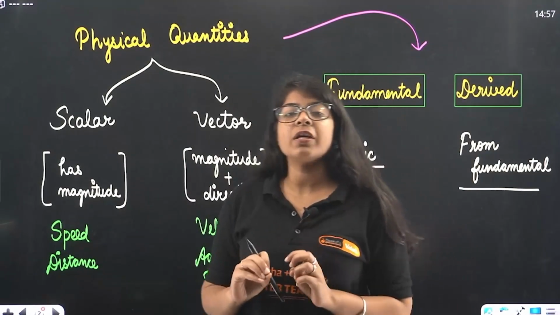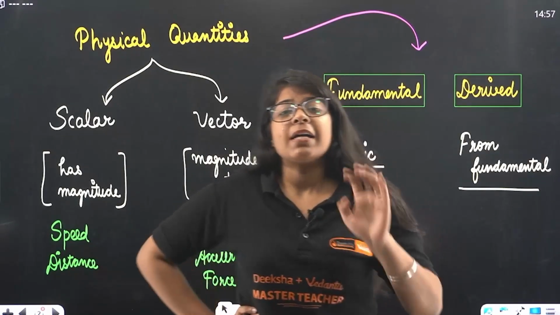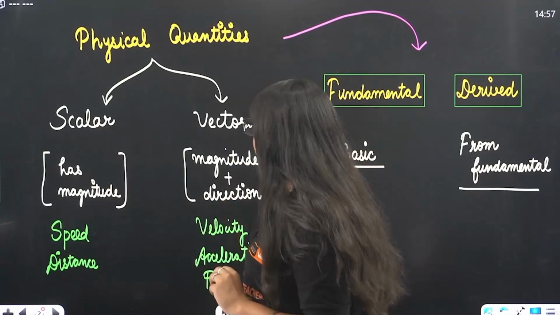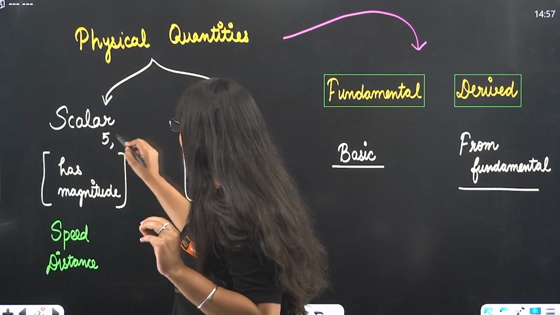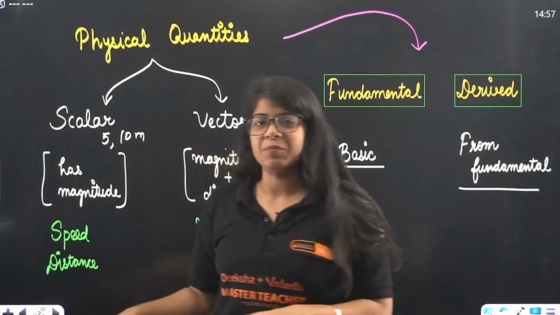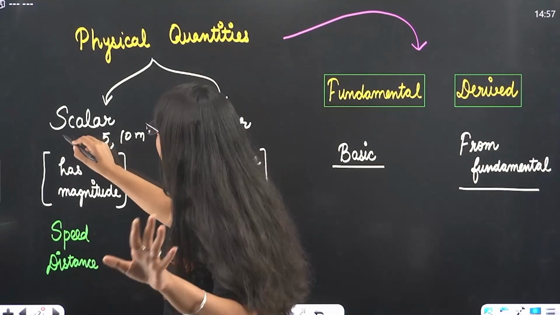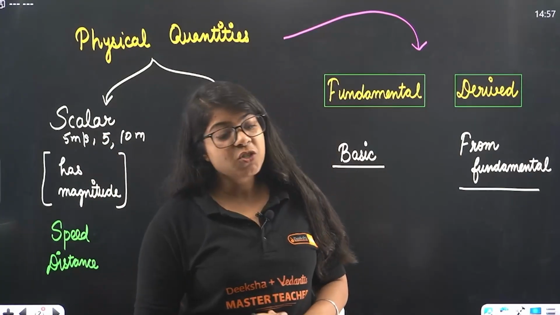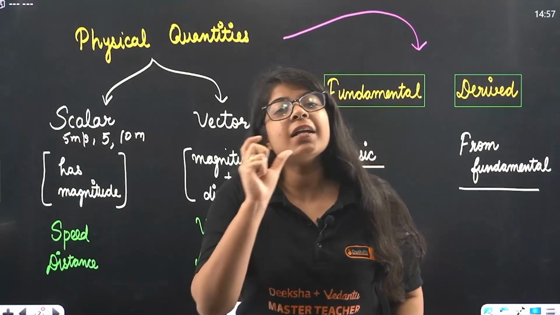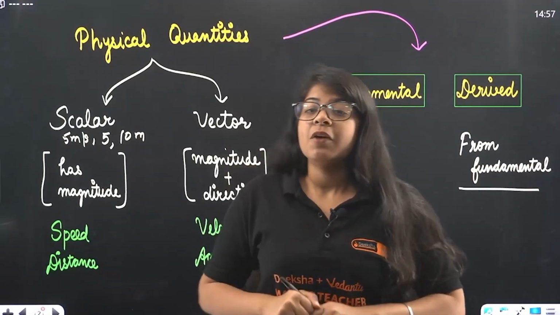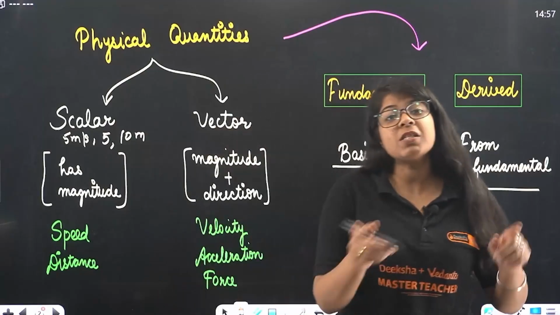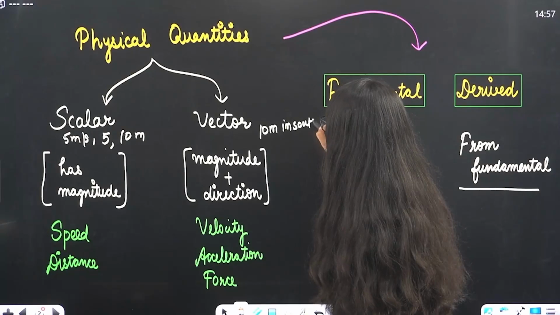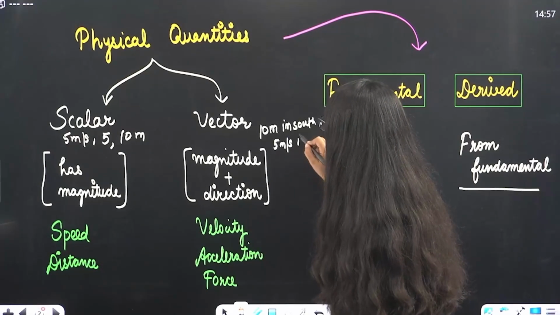Now beta, talking about those quantities, we said that a scalar quantity is the quantity which only has magnitude. That means if I write 10 meters, or 5 meter per second, which is a speed, all these quantities which just have a magnitude, that means a number, are scalar quantities. A vector quantity on the other hand has magnitude plus direction. 10 meters in south, 5 meter per second in north.